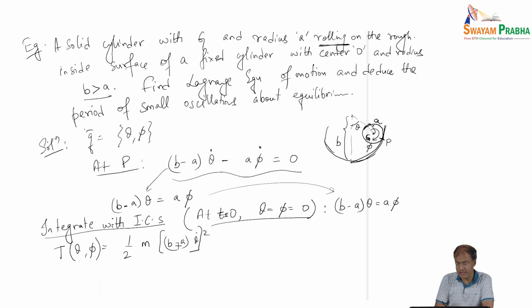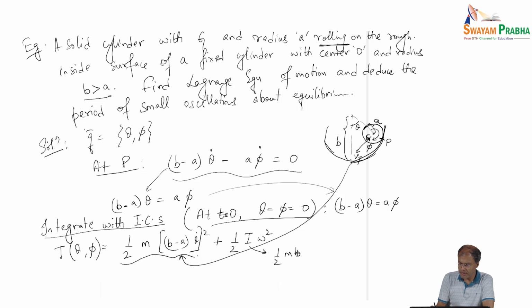That is the translational kinetic energy of the center of mass, the V translation. Then the second term is half I omega squared, the rotational kinetic energy of the cylinder, and for the cylinder I is half m a squared, the moment of inertia.